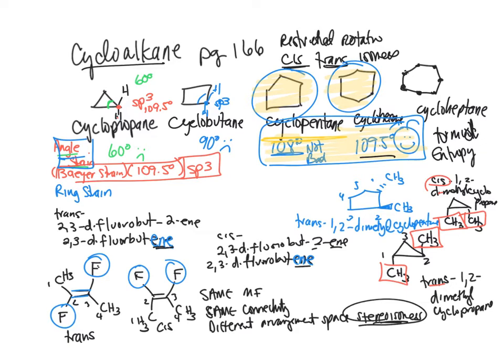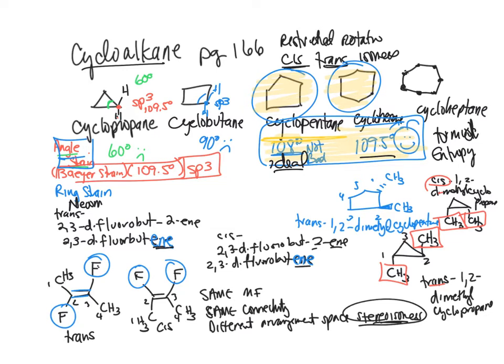It's like they're flappy and they're big, and to get them to come together, it's not ideal. But these 5 and 6 membered rings, these are ideal. And so you'll see a lot of 5 and 6 membered rings in nature. So that's angle strain. The other parameter you have to consider is ring strain. And so what is ring strain? Ring strain is your Newman projections.